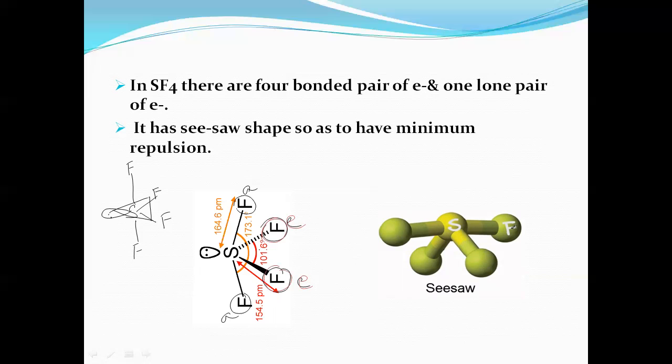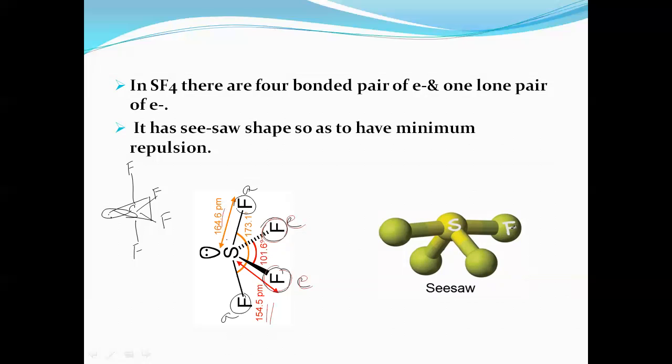So I said already that the axial bonds are a little longer when compared to the equatorial bonds. These axial bonds are 164.6 pm, which is a little longer than the equatorial bonds, which are 154.5 pm.